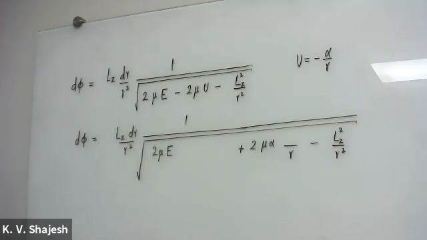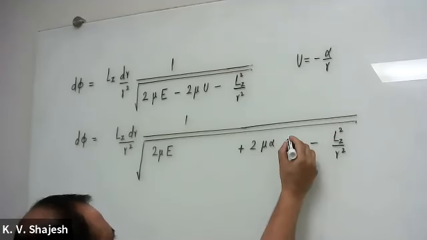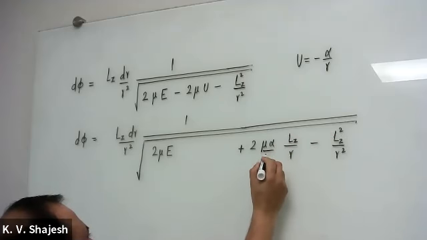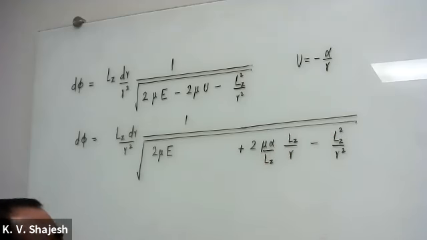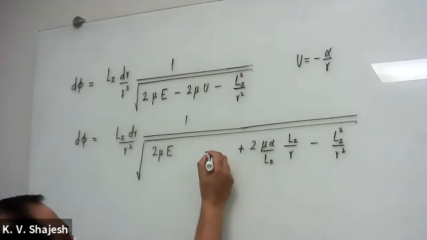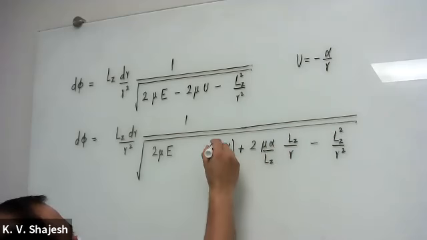Okay, so what am I planning to do here? I want to make this a complete square, that is Lz over r squared, so I multiply and divide by an Lz. If I want to make this a complete square, I will have to subtract mu alpha over Lz squared.